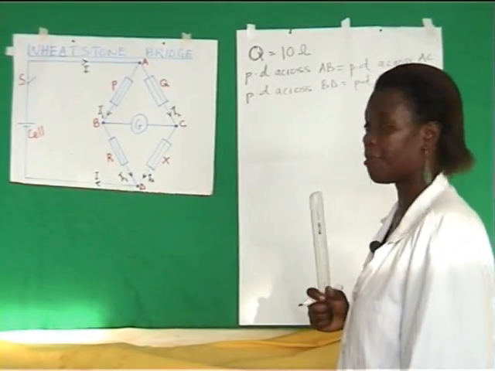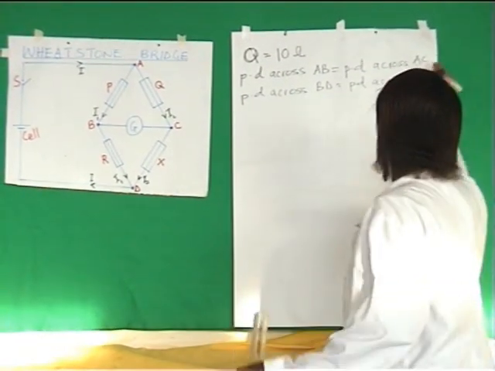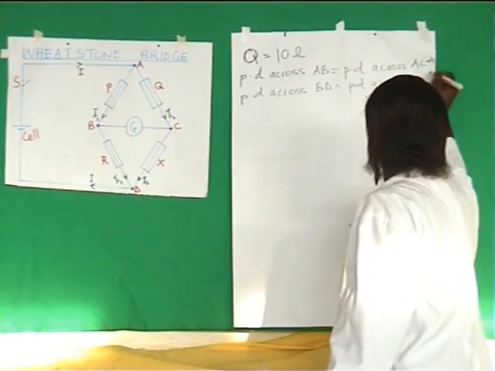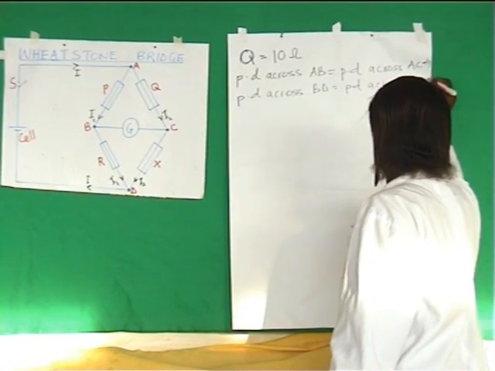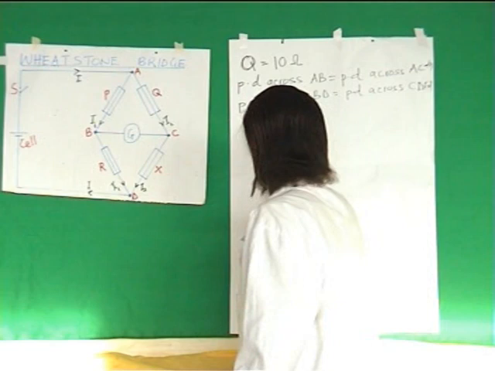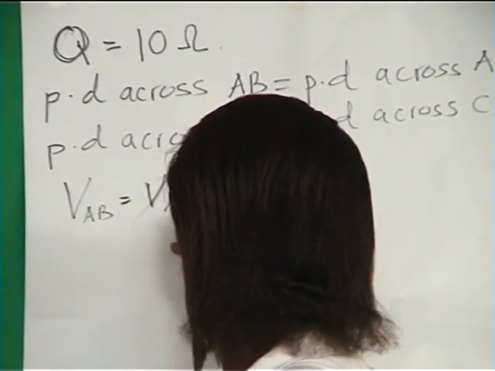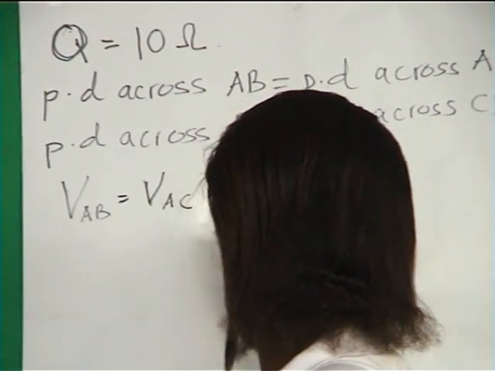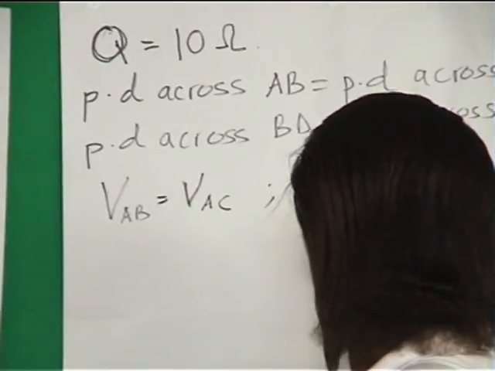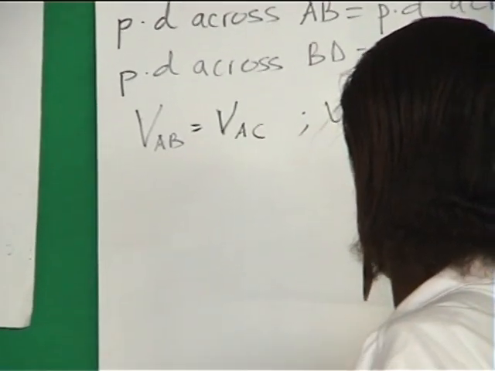Now, by using a formula, make a relation of expression number 1 and expression number 2 in terms of ratios, which is VAB equals VAC, and VBD is equal to VCD.